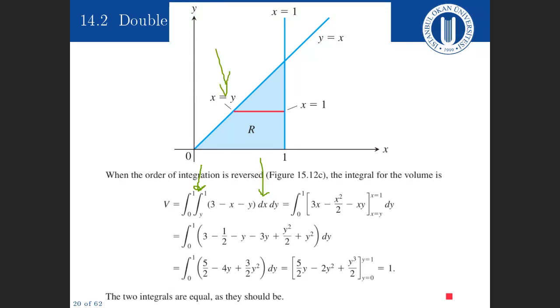The smallest possible value of x is y. And here's the biggest one. The biggest possible value of x in this triangle on this line is 1. So for our inside integral, the limits of integration are going to be y and 1. And then after you know that, this is an easy problem. Let's move on.